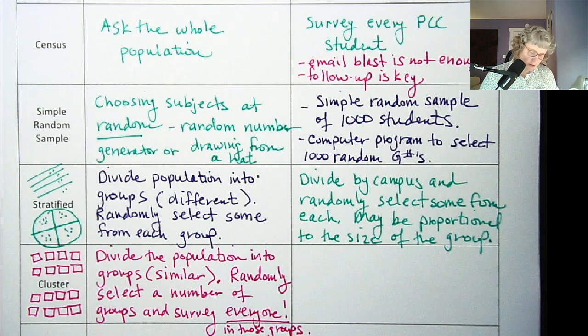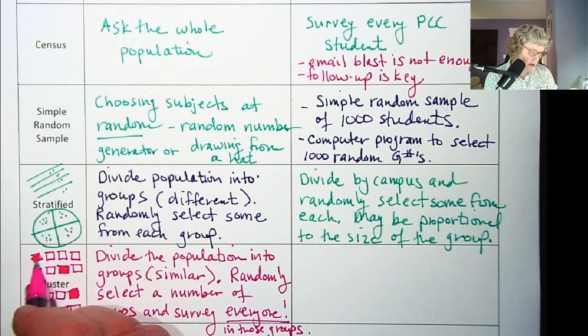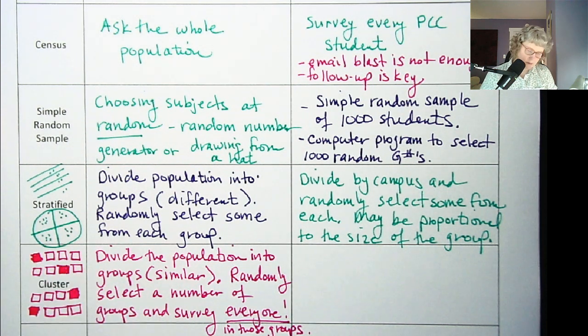Okay, so in the PCC example, I'm also going to shade in a few of these squares to show that I'm surveying the whole group. I have many small squares, and I'm shading in a few to indicate that I'm going to survey everyone in those squares.